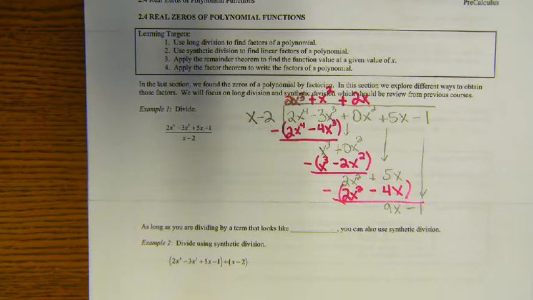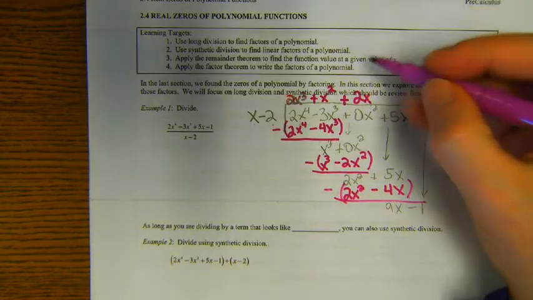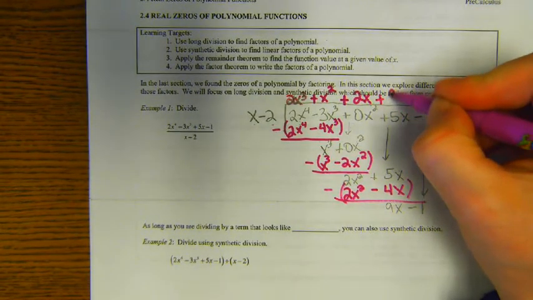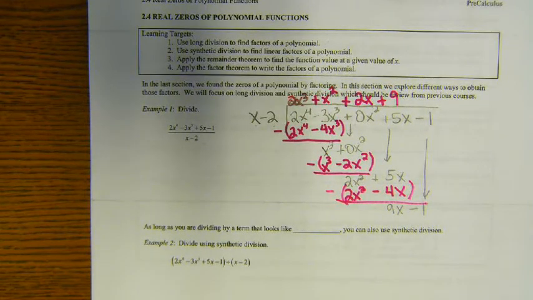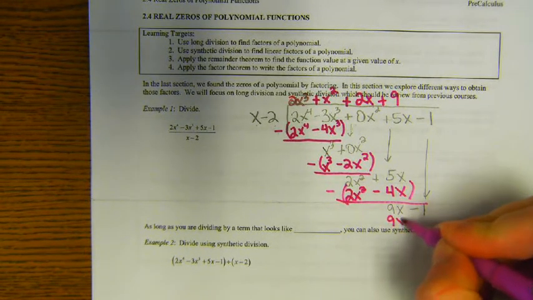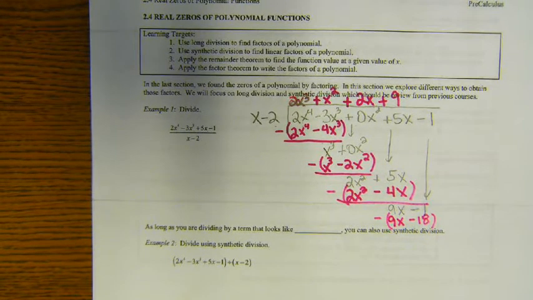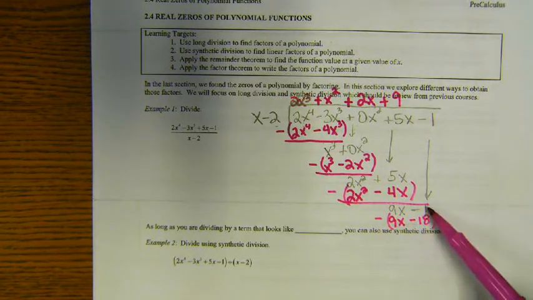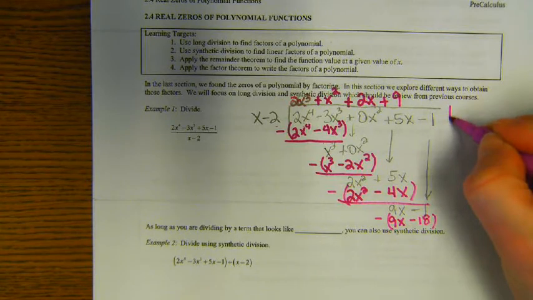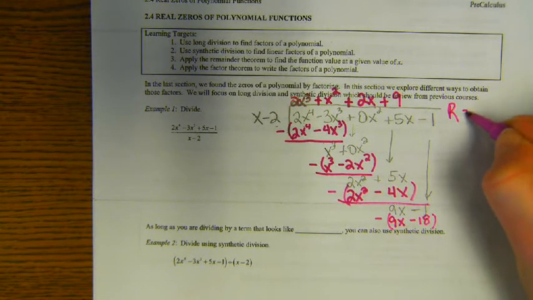And so 9x divided by x is 9. 9x minus 18. I subtract the row, and I am left over with negative 1 plus 18, with a remainder of 17.